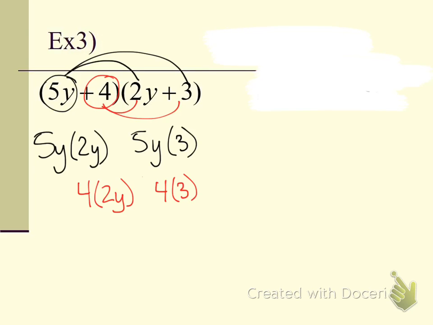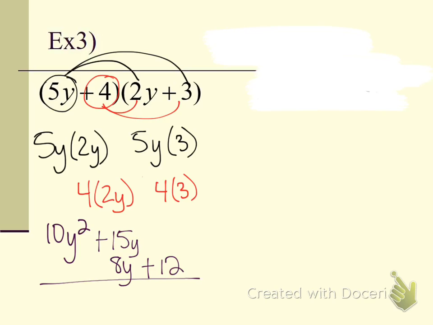What is 5y times 2y? 10y squared. Maybe I can't fit it all over here. 10y squared. 5y times 3. Plus or minus? Plus 15y. 4 times 2y. 8y. Positive 8y. And 4 times 3. Positive 12. Are we getting used to lining up the like terms only?